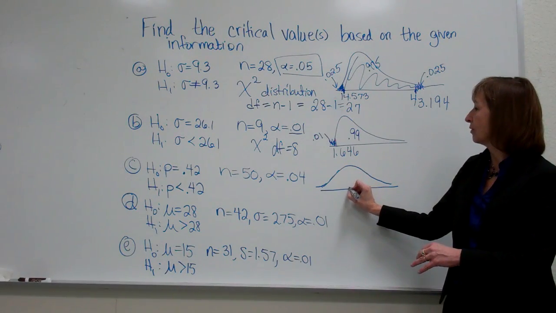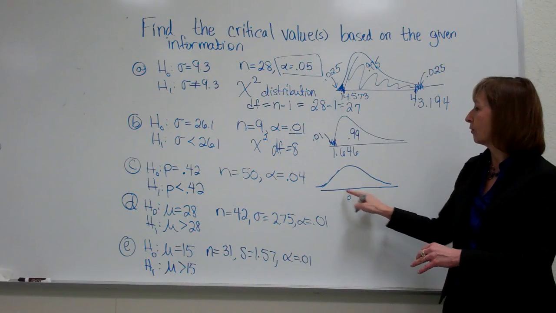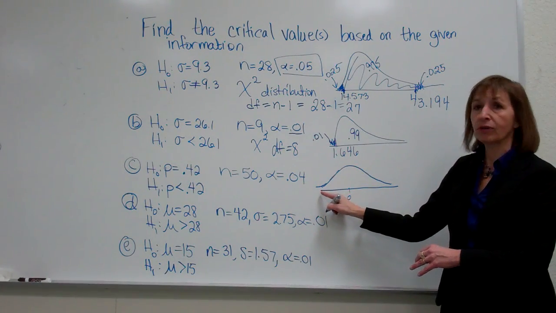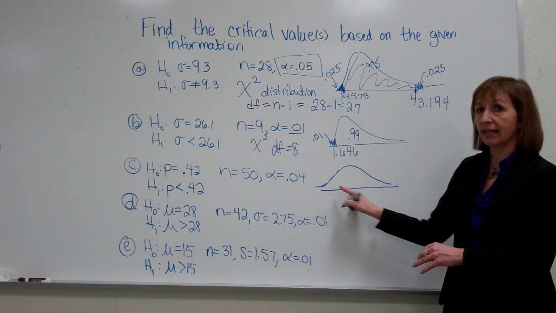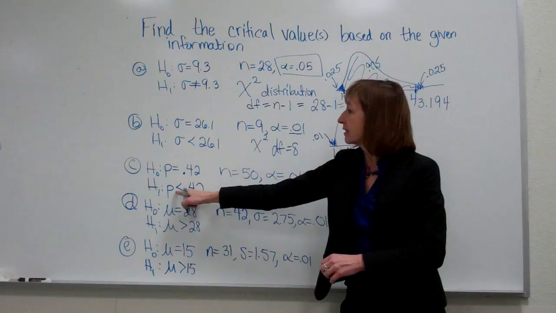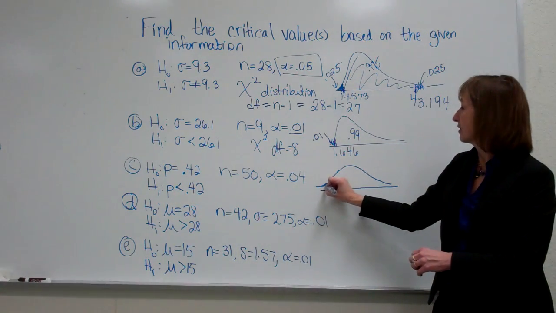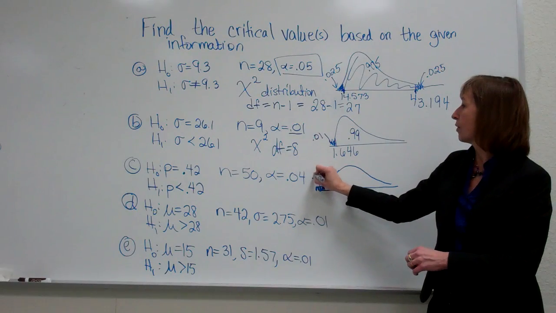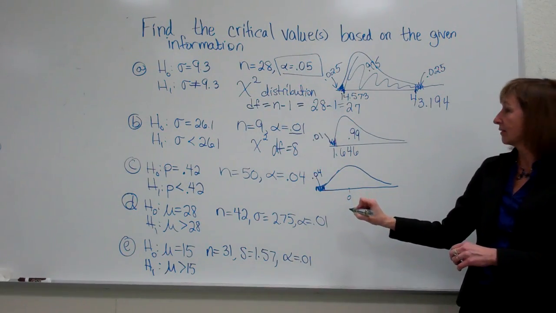And remember, with the normal distribution, I had 0 in my standard normal curve as the mean. Numbers that are critical values to the left of 0 are negative, and numbers that are critical values to the right of 0 are positive. This is a less than, so this is a left tail test. And I have 0.04 in my left tail.